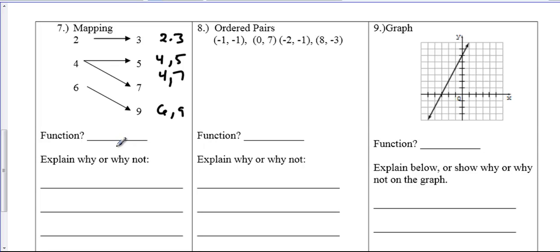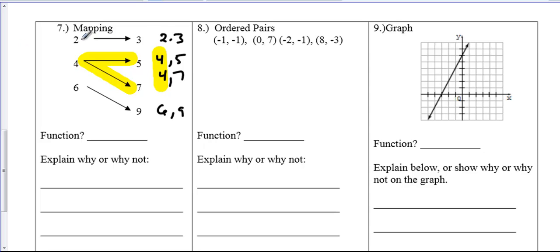Now, determining if this is a function or not, we're looking at the x values and saying, do any of these repeat? Because if the x values repeat, it's not a function. And you'll notice right here, we have the number 4 twice. And you see that in the mapping when this thing gets split. That's known as 1 to many, or 1 to 2 in this case, with mapping instead of 1 to 1.